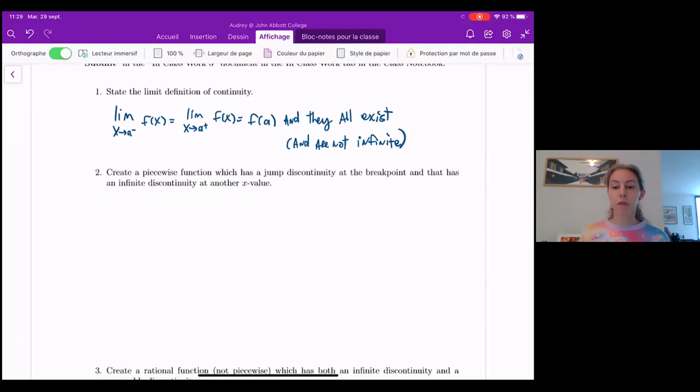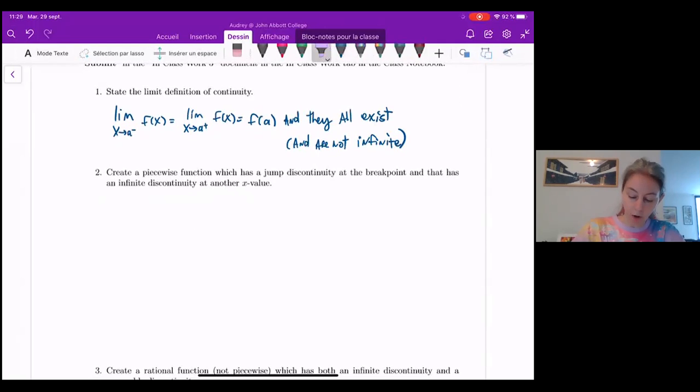It really made you think about what we learned about when discontinuities happen, where discontinuities might happen. So this says create a piecewise function which has a jump discontinuity at the breakpoint, and that has an infinite discontinuity at another x value. So an infinite discontinuity.